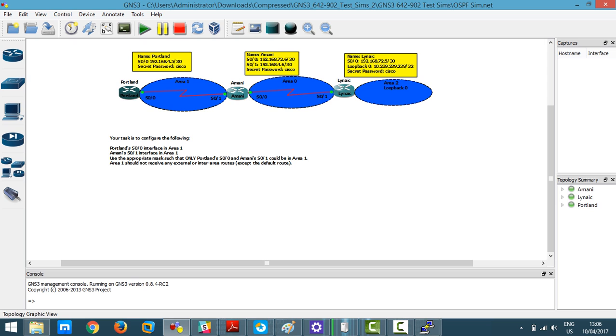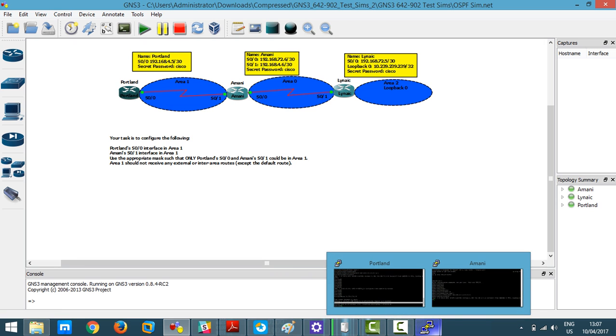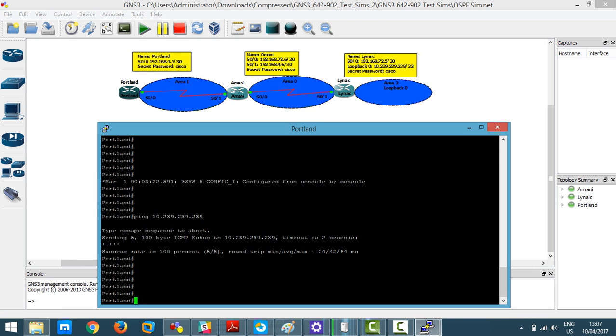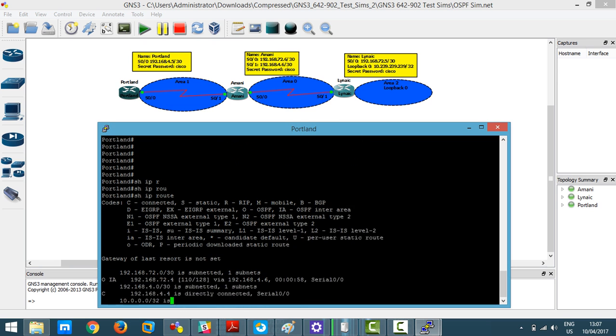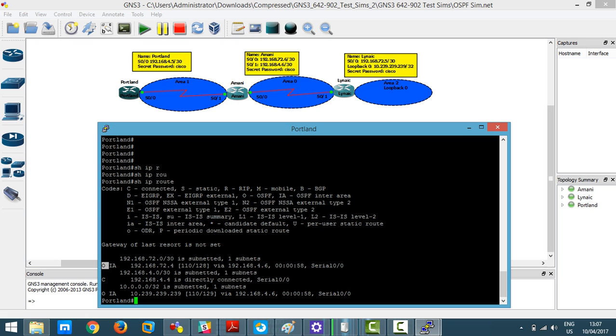If I go to the Portland router and give the command show ip route, I'll get a lot of LSAs, type 5, type 3, and the examiner wants me to have just one summarized route that will work, and I will still be able to ping the loopback at the Linux router.